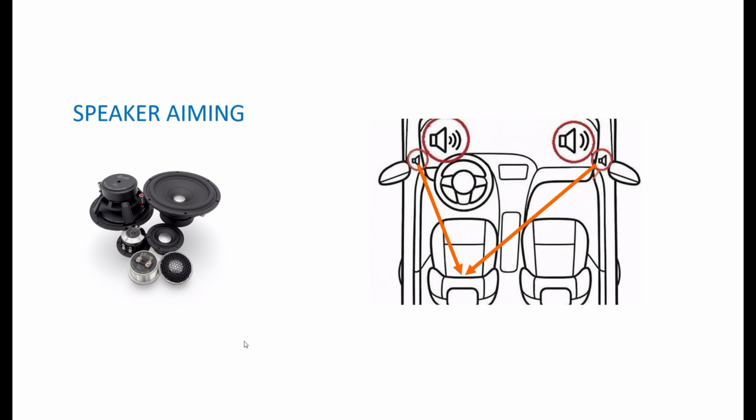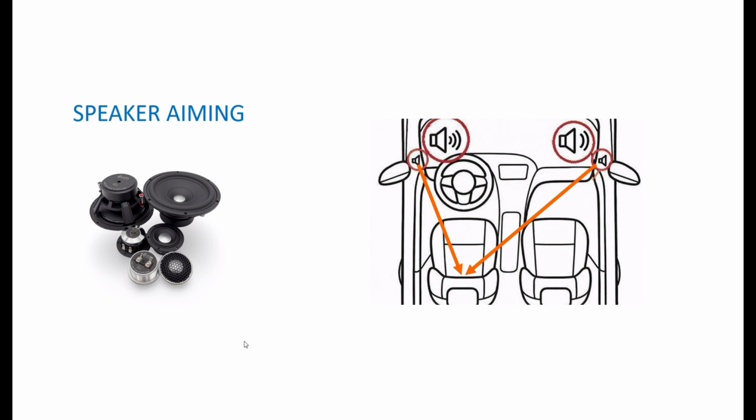So let's say that you have your tweeters in the sails or up on the pillars, and your mid-range, for example, up on the pillars. Where should you aim them to get the best sound quality? And it depends on whether you're trying to do a one-seat car audio tune, so it sounds great for the driver, or whether you're doing a two-seat car audio tune, where you want the sound to be good for both driver and passenger.